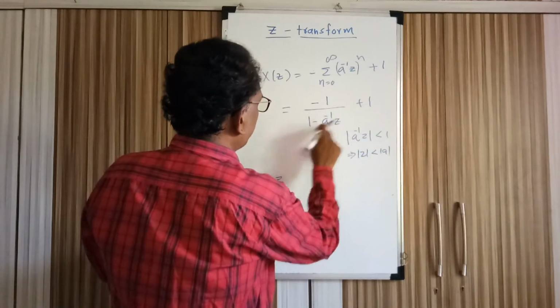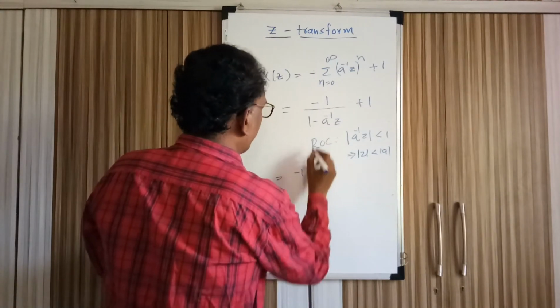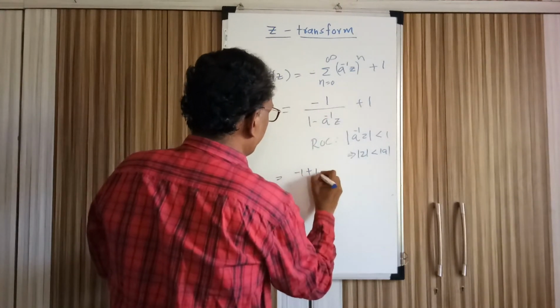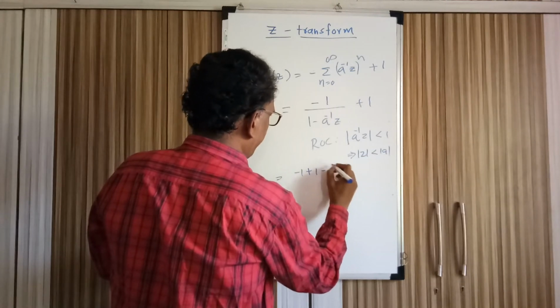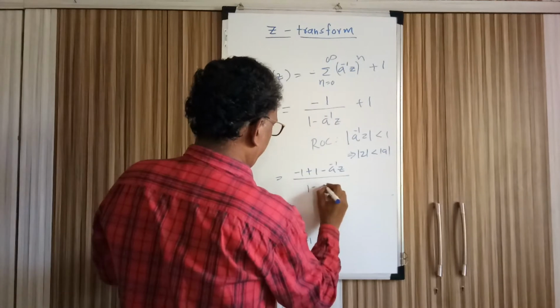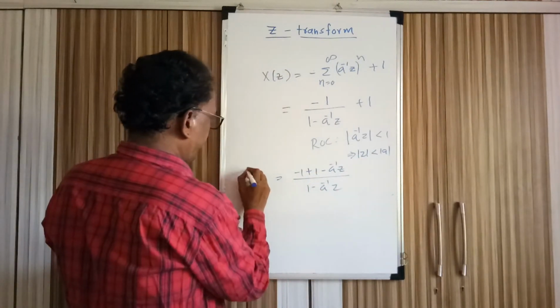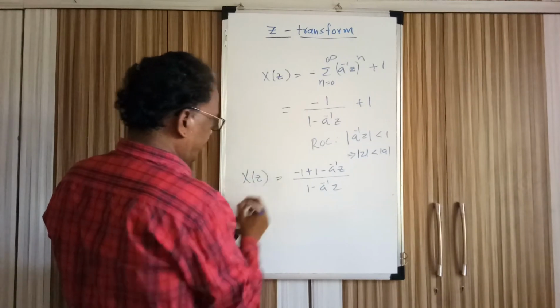Let us multiply this with 1, so minus 1 multiplied by 1 means 1 minus A inverse Z divided by 1 minus A inverse Z. Your ROC is as it is, please keep in mind that mod Z is less than mod A.